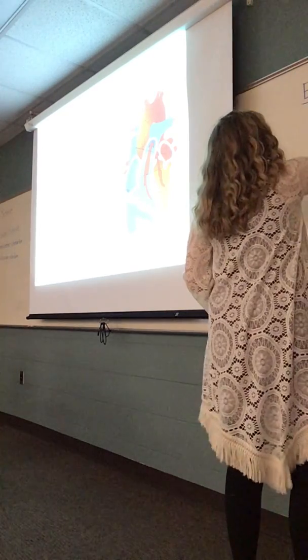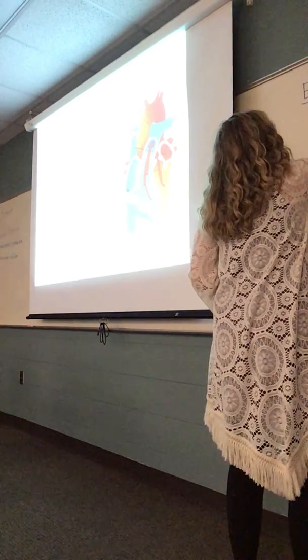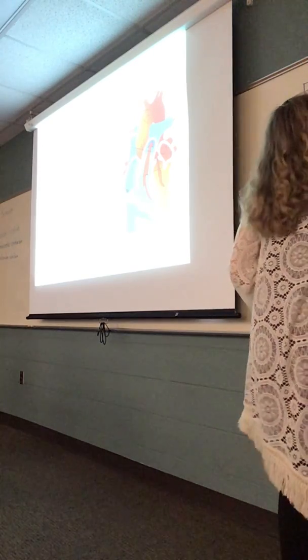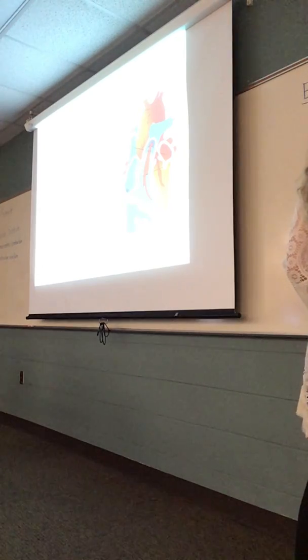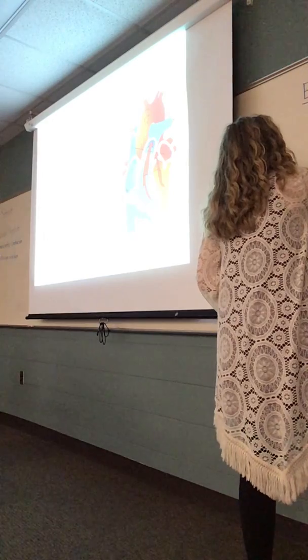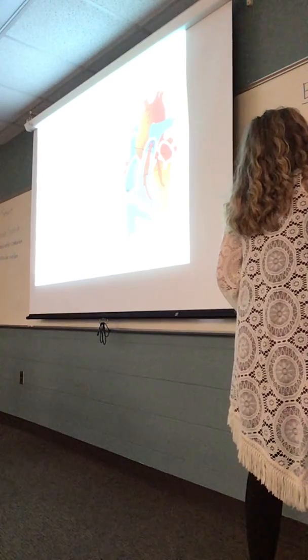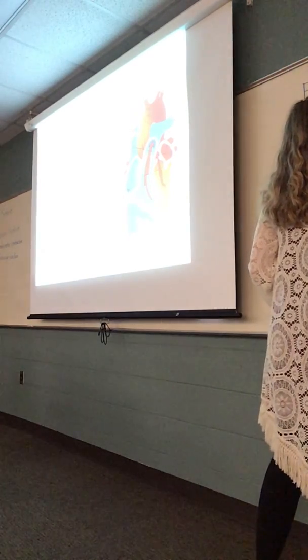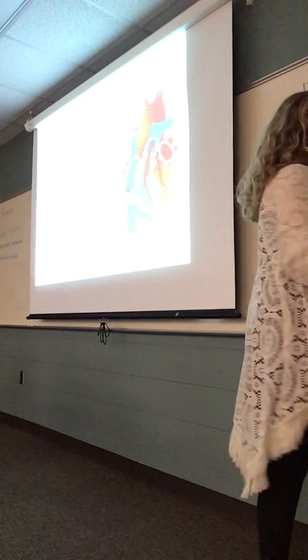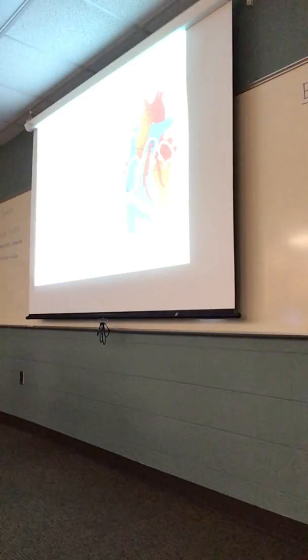End systolic volume is the volume in the ventricle following ventricular systole, following ejection. So after the ventricles have contracted and ejected blood, this is the volume that remains in them. And it's normally around 60 milliliters.